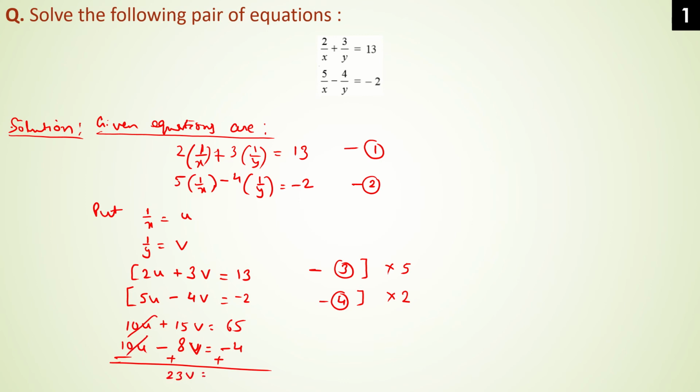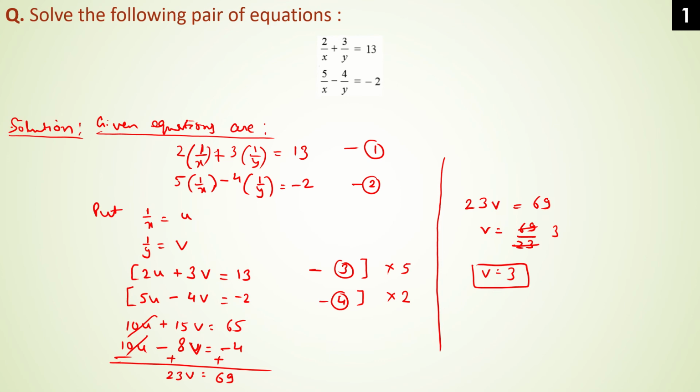we get 23v equals 69. By solving 23v equals 69 we get the value of v as 69 by 23, that means the value of v is 3.